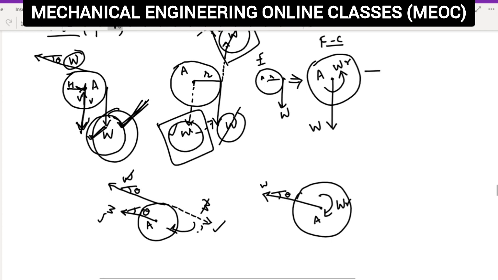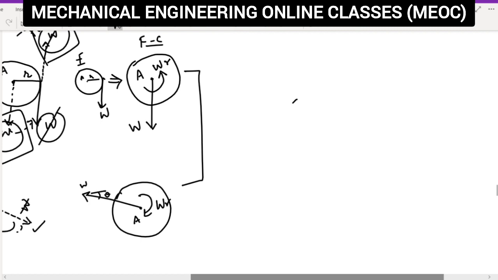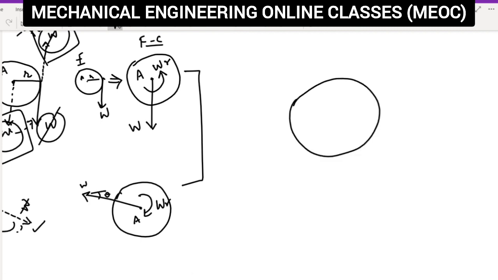Now we shall combine these two things. So we have a pulley at point A. One W is acting vertically downward along with a WR couple, and there is another W acting at angle theta from horizontal with a clockwise couple.